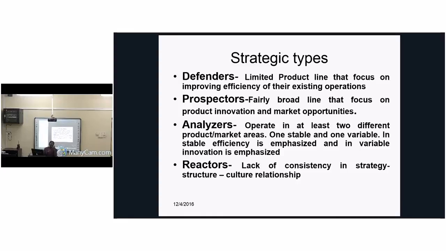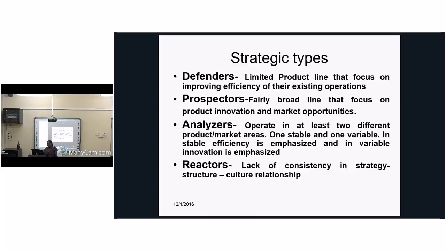If there are companies producing only packeted powder milk and fresh milk, they have two products in their line, right? Limited product line that focus on improving efficiency in their existing operations. Very limited product line, 2-3 products in their line, they are called defenders.